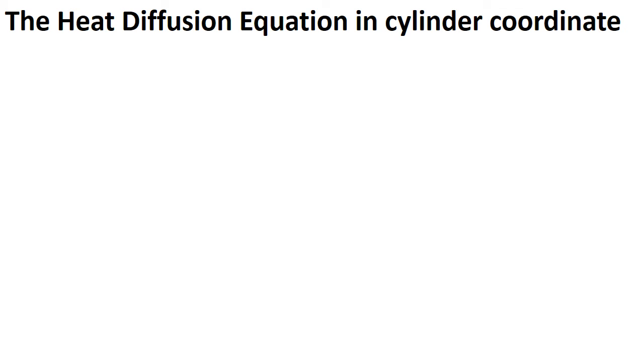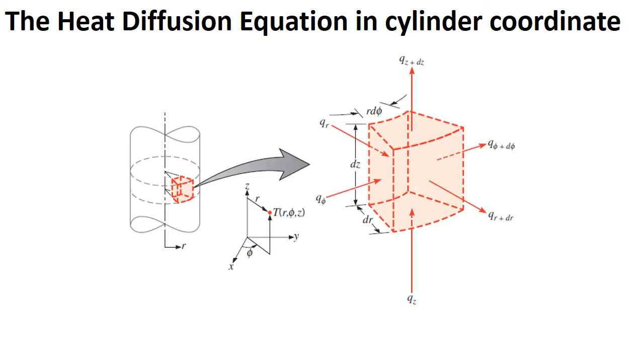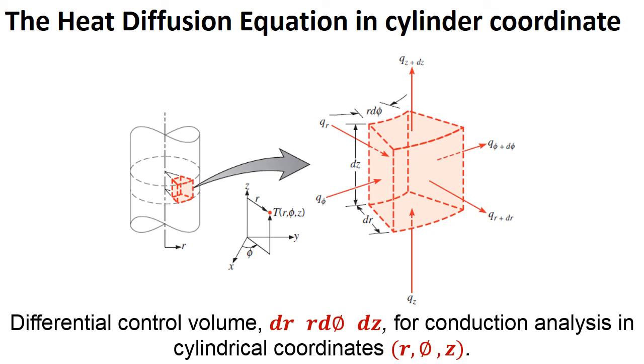Now we are going to discuss the heat diffusion equation in the cylindrical coordinate system. This is the figure which shows the differential control volume in the cylindrical coordinate system. The differential control volume is dr, r d phi, dz. Take a pen in your hand.